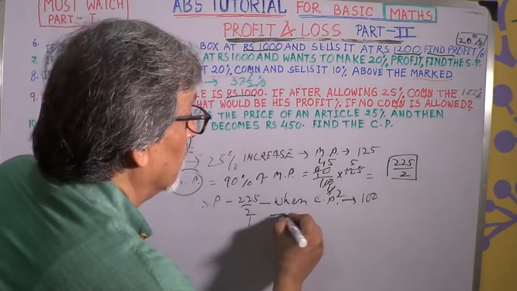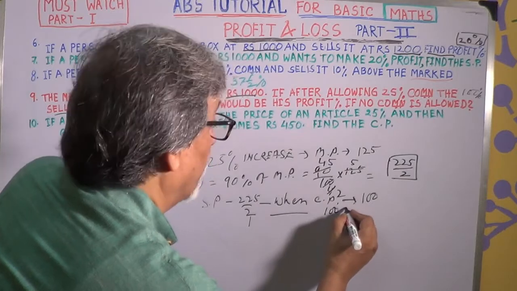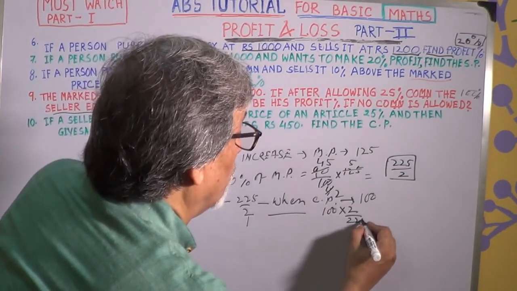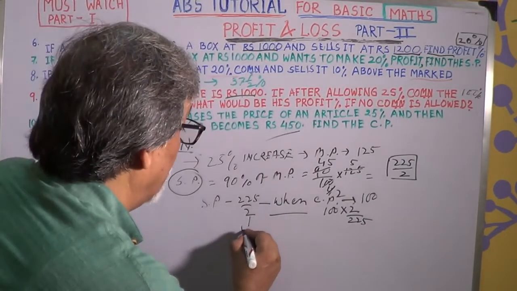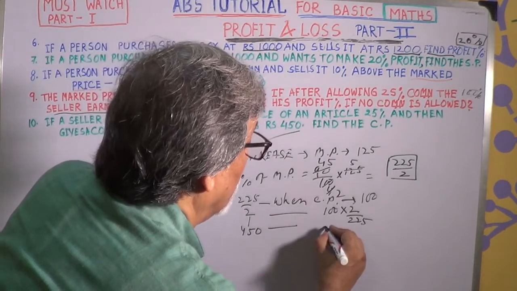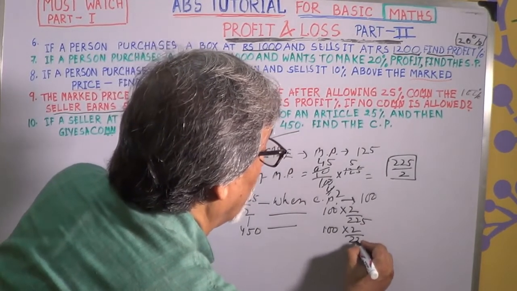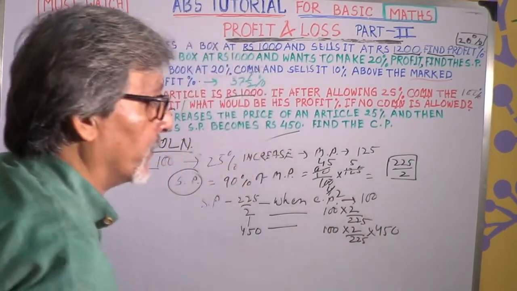When it is 1, CP will be 100 into 2 by 225, and when it is rupees 450, this will be 100 into 2 by 225 into 450.